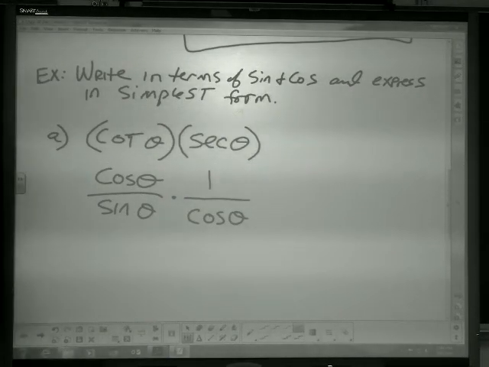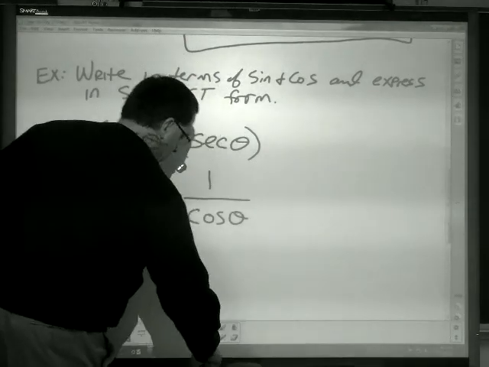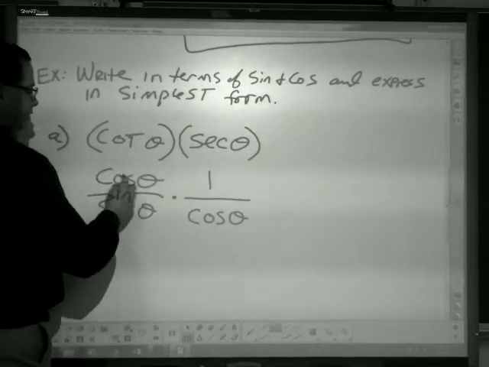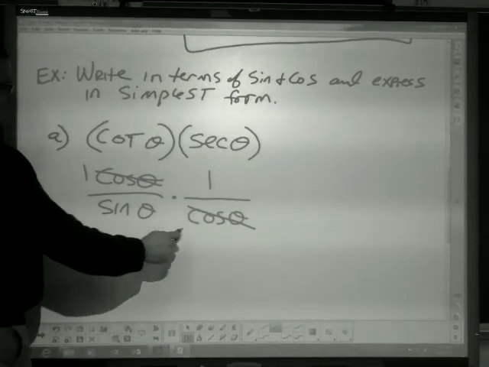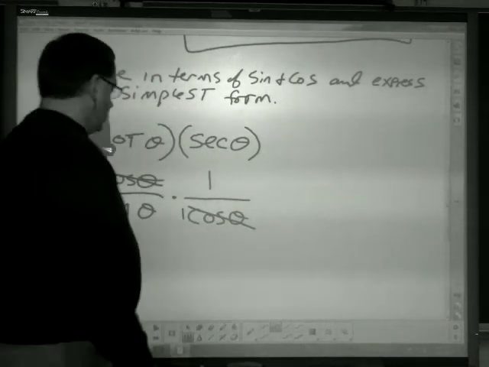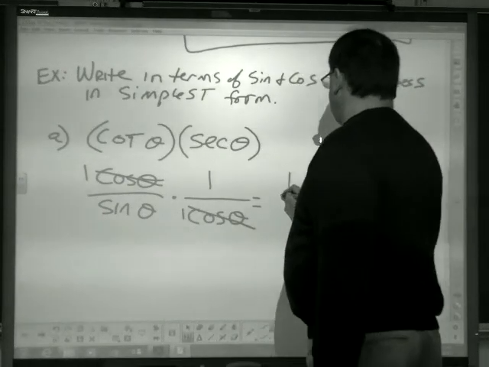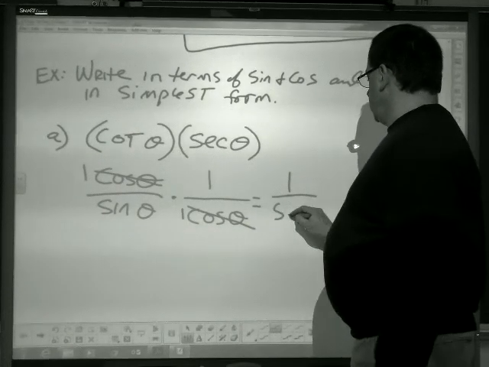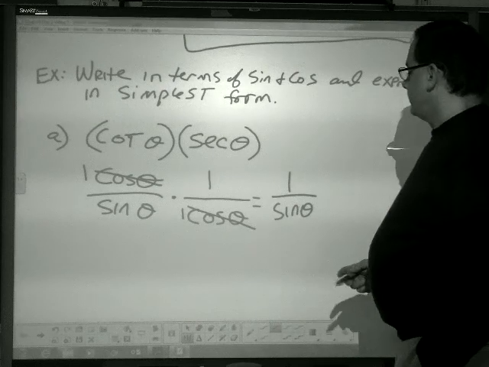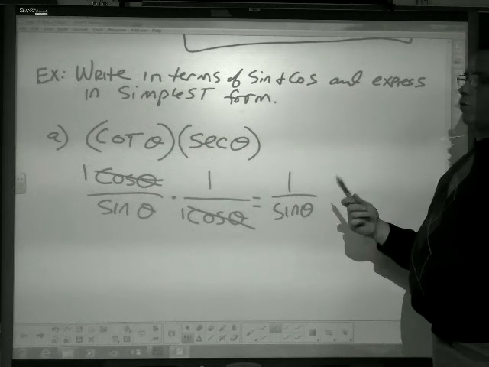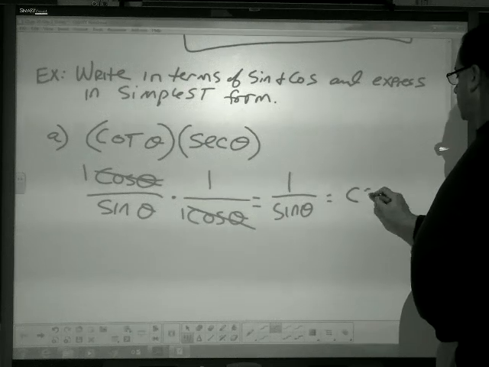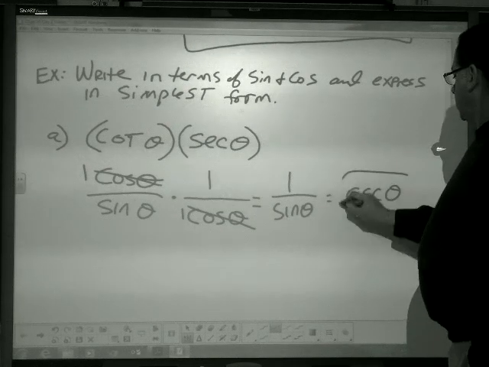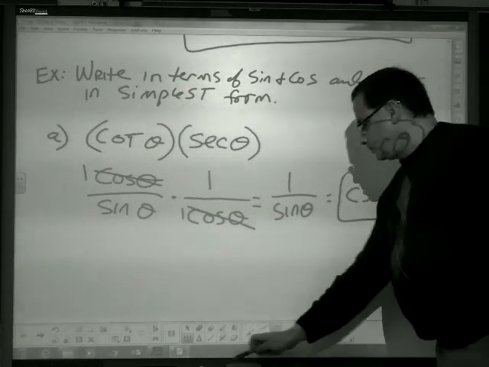When we multiply, if there's anything on the top that's the same as anything on the bottom, we can reduce these. Cos goes into cos once, cosine goes into cosine once, and we're left with 1 over sine theta. Now, if I want it in simplest form, I should rewrite 1 over sine theta as cosecant theta, and that would be my answer.